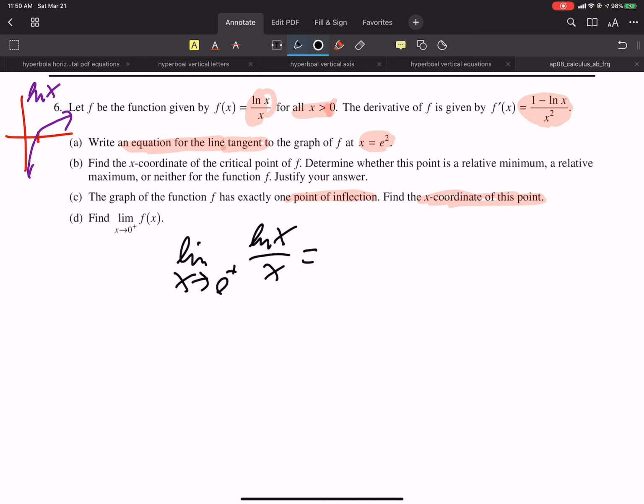So the top would be negative infinity, and the bottom, you're approaching 0 with positive numbers. So now if the top was just a negative constant, you would get negative infinity. But even more so, since it's negative infinity, and you're dividing by 0, clearly you would say negative infinity.